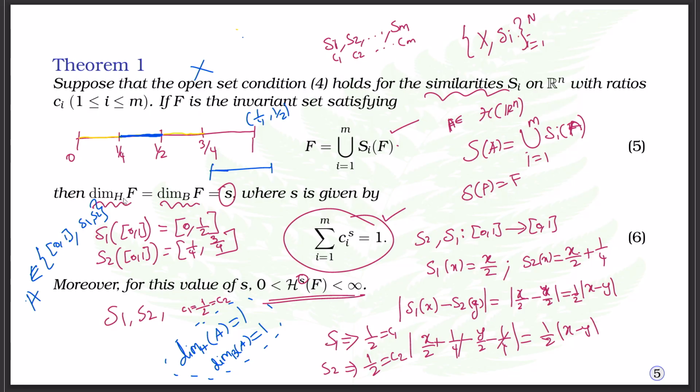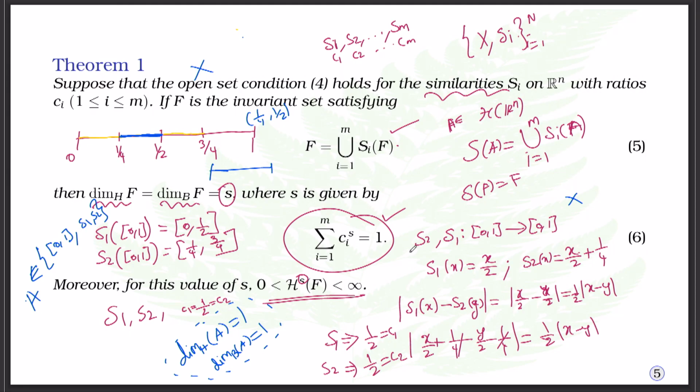Conversely, if the Hausdorff dimension and the box counting dimension of the set are the same, then the associated iterated function system need not satisfy the open set condition. So it is not necessary that it satisfies the open set condition. This is the counter example showing the converse is not true.